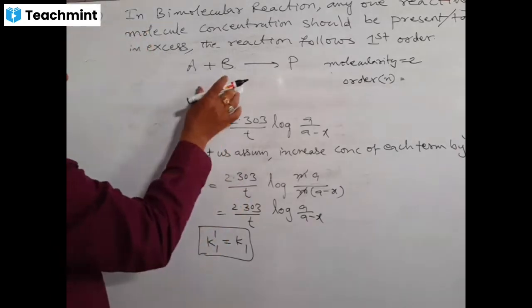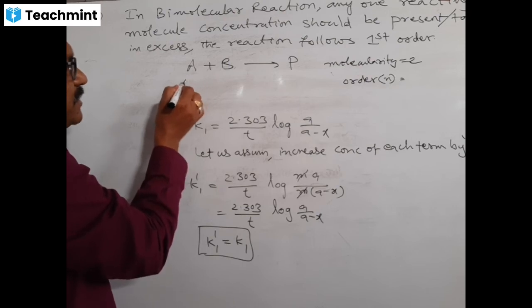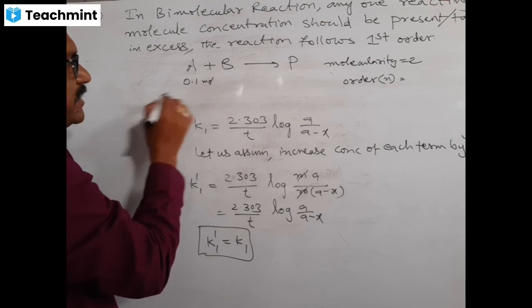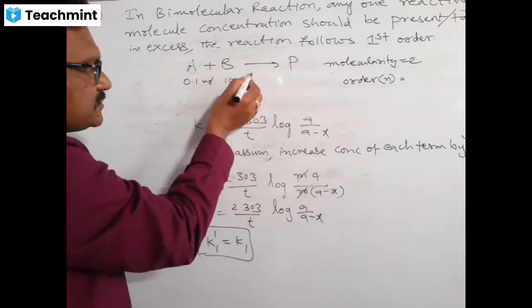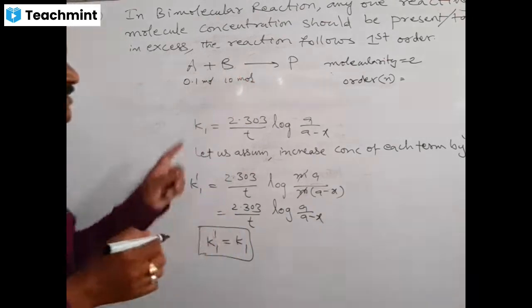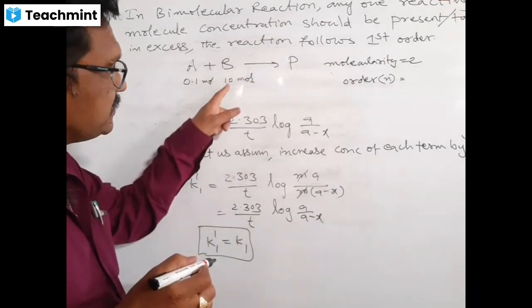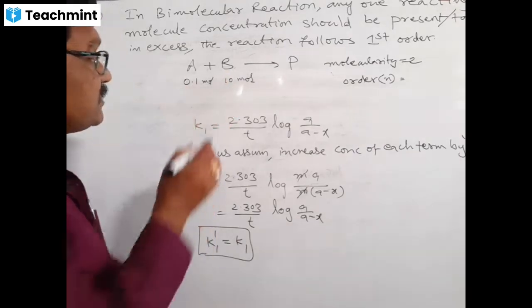See, here the concentration of A molecule is 0.1 mole. Here the concentration of B you are taking 10 moles. So you are taking the concentration of B in large excess compared to A. Here what happens?